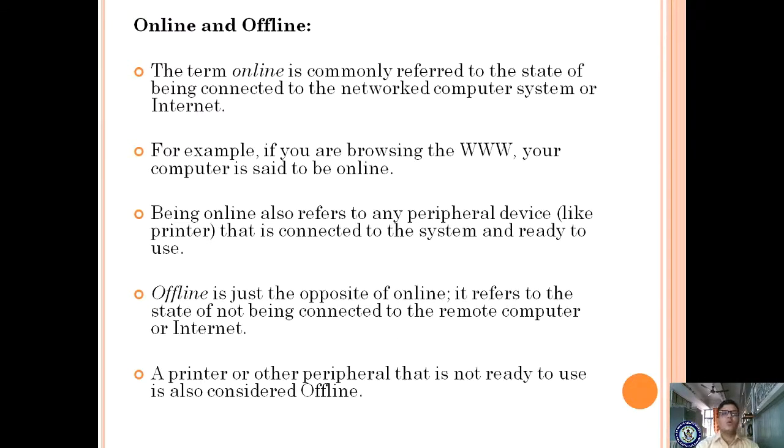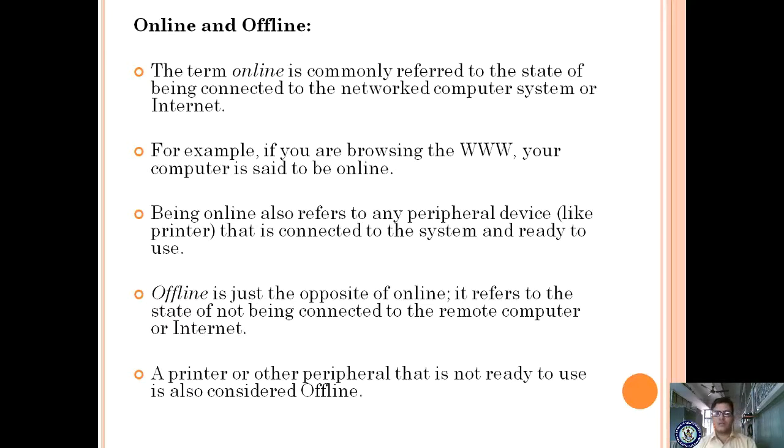Now online and offline. Let us see what we mean by online and offline. The term online commonly refers to the state of being connected to a networked computer system or the internet. How long you stay connected to a network computer system or the internet is treated as online.